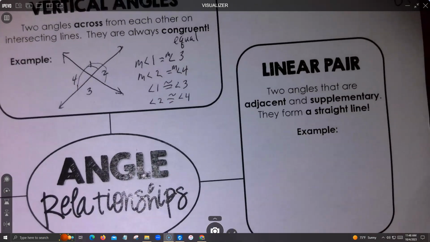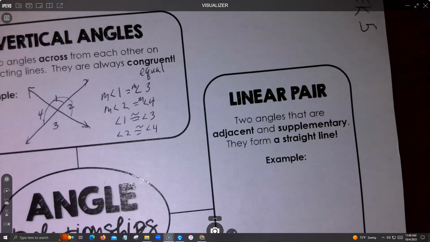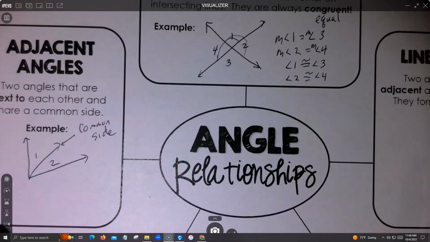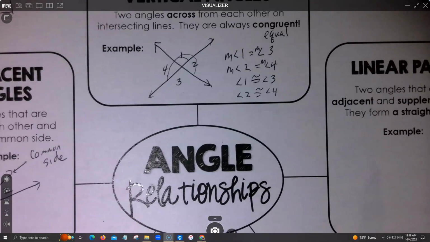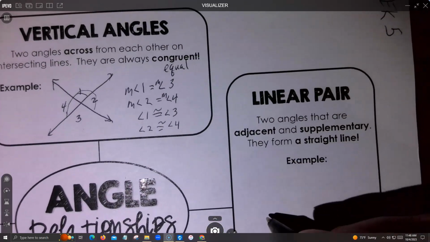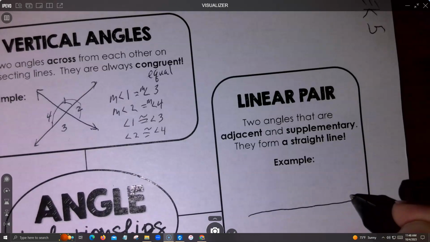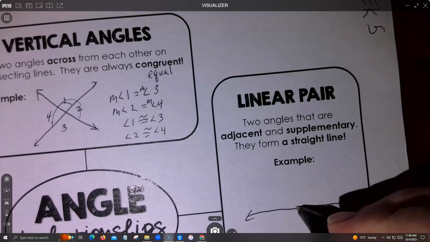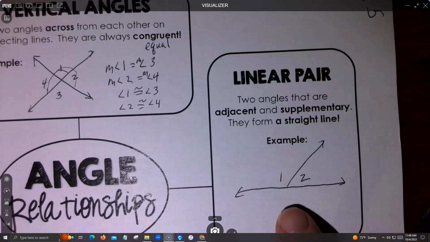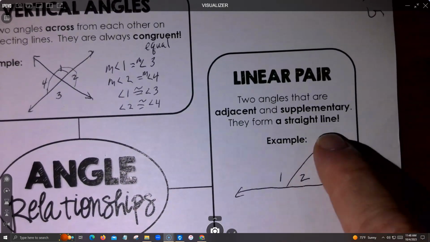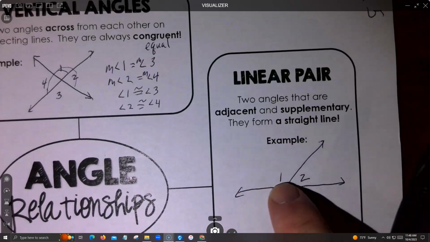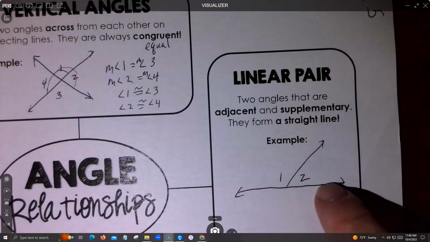So a linear pair is the same thing as adjacent angles, except that they form a straight line. It looks like this. Angle 1 and angle 2 have that common side, so that makes them adjacent, but they form a straight line between the two of them.